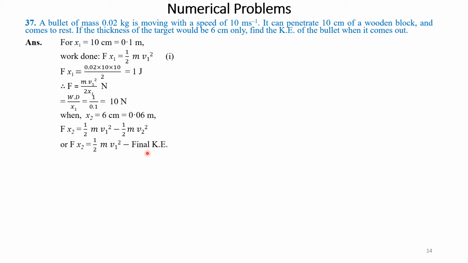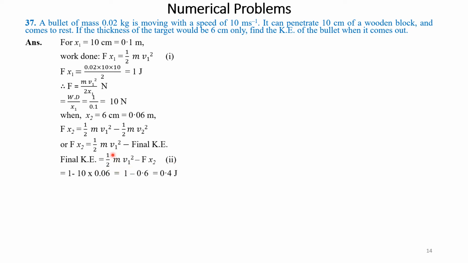From this we can find out the value of final kinetic energy by rearranging this equation. Therefore, final kinetic energy is equal to half m v1 square minus Fx2. Let it be equation 2.